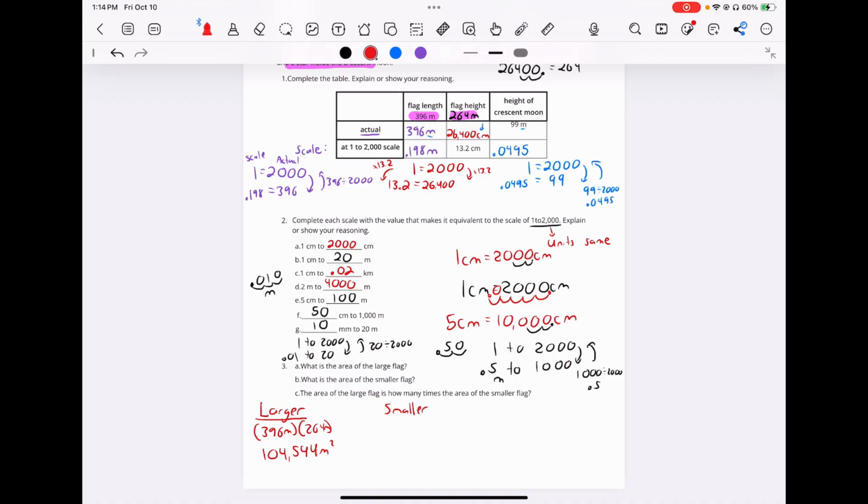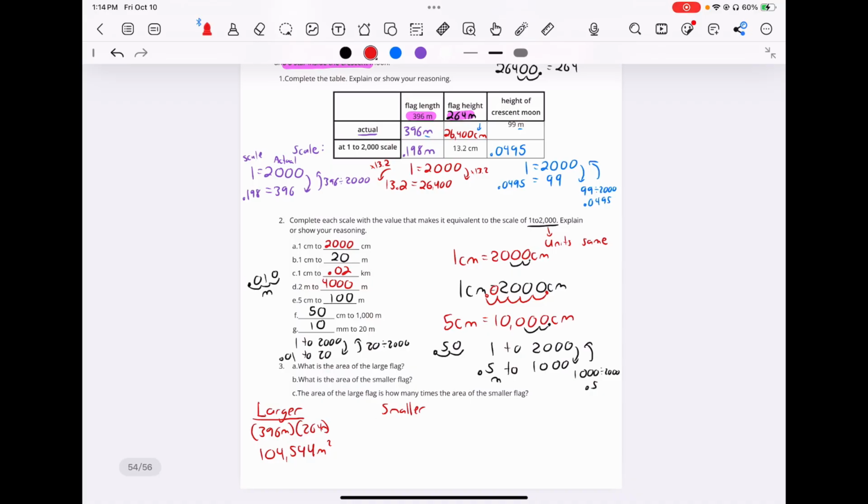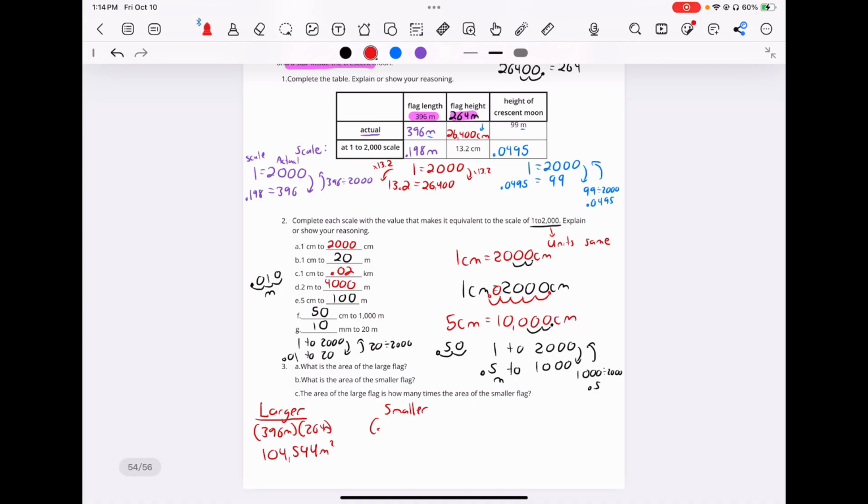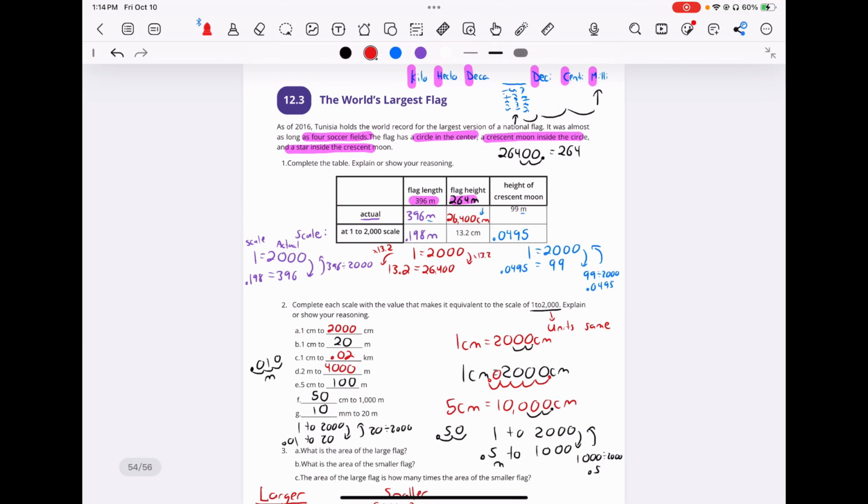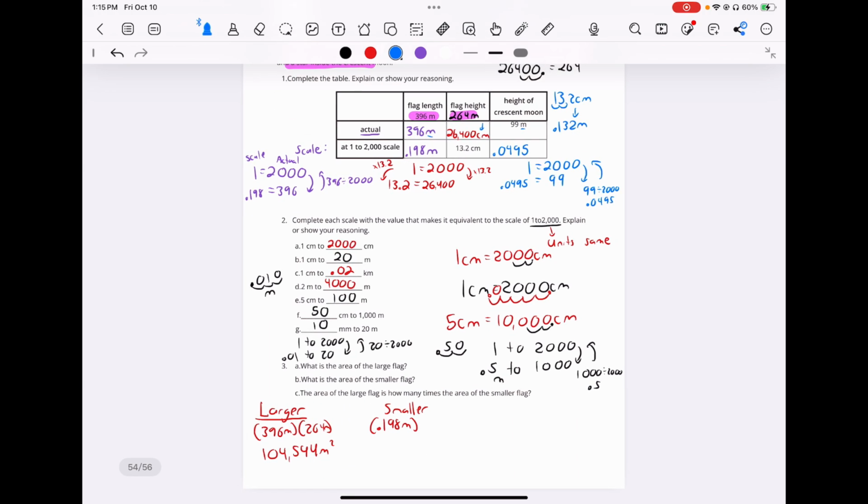And now for the smaller one, I'm still going to use meters. So the flag length is 0.198 meters. But now I have to convert my 13.2 centimeters into meters. So if I'm at centimeters, I move 2 to the left. So that's 1, 2. So it's 0.132 meters.